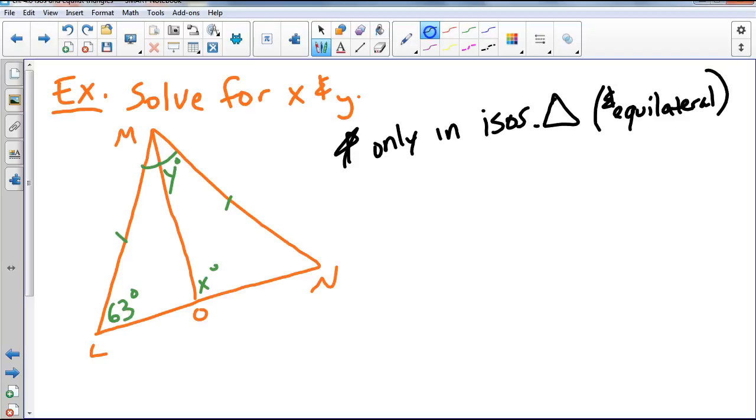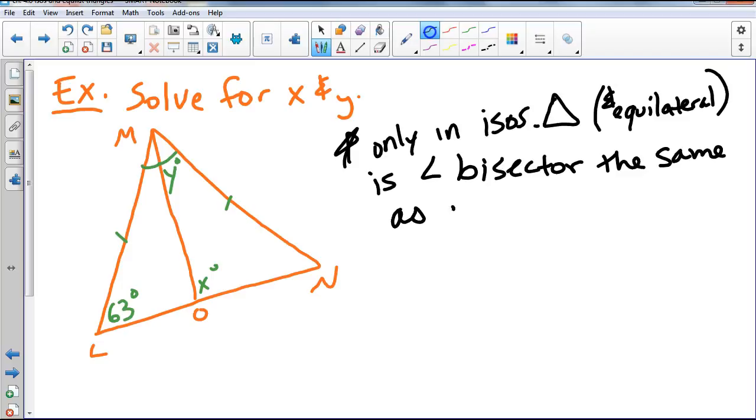Only in an isosceles triangle is the angle bisector the same as a perpendicular bisector. It's the same segment. So when you're solving for x, you automatically know x has to equal 90 degrees because an angle bisector means that it's also a perpendicular bisector, which makes 90-degree angles, so x is 90.